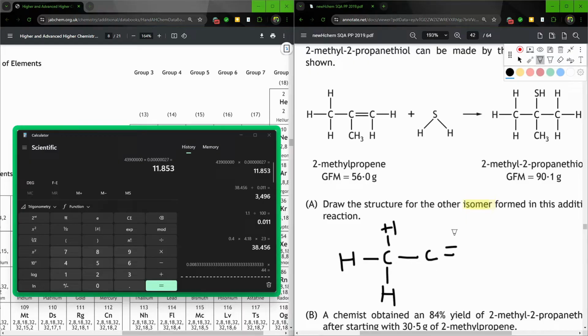Remember, it should be a double bond. Whoops. This would be H rather than SH, and this would be SH up here. And then everything else would be hydrogen.